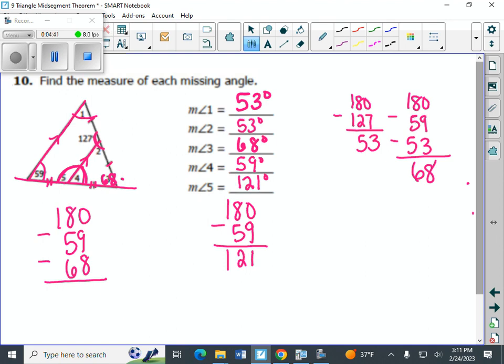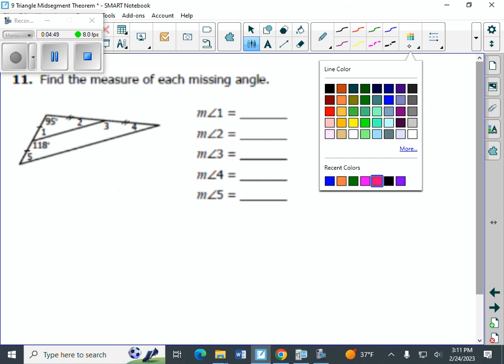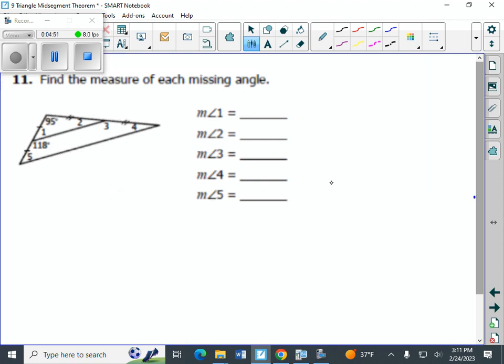Same idea as we flip to problem number 11. We want to find the measure of each missing angle. We are working with the midsegment theorem here, and I'm going to start the same way that I started the last problem.